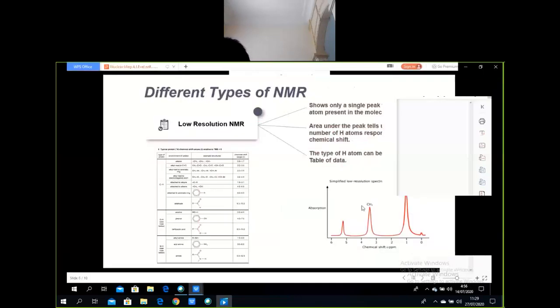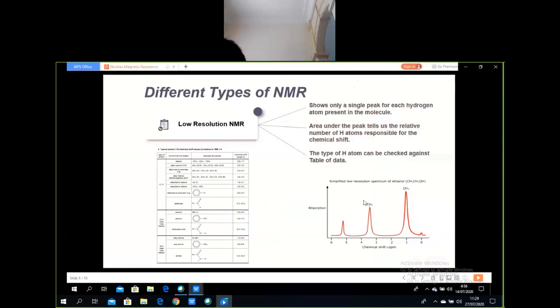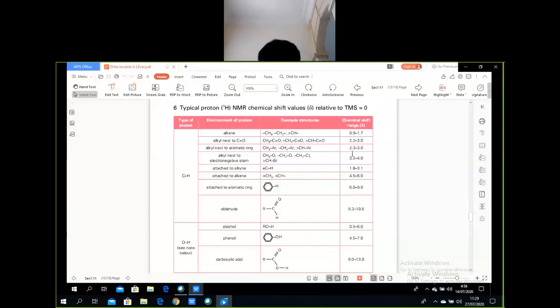CH2 has a spectrum of 3.5. Let's see, 3.5 is located here. So it is a CH2O, meaning alkyl next to an electronegative atom.